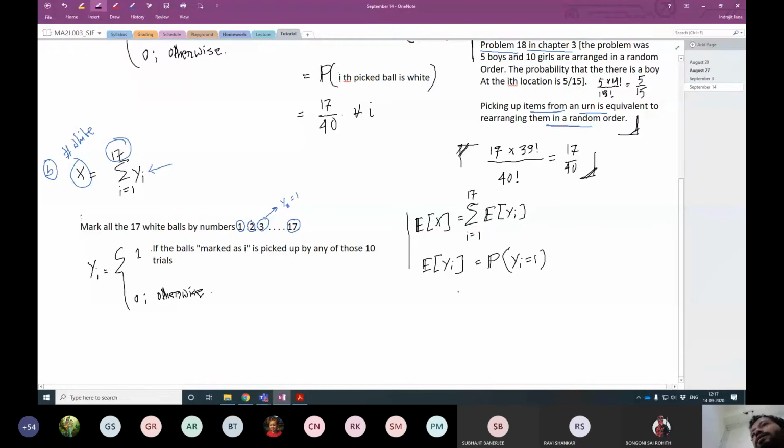If you write it in words, it is the probability that the ball which is marked as i is picked up by any of the 10 tries.